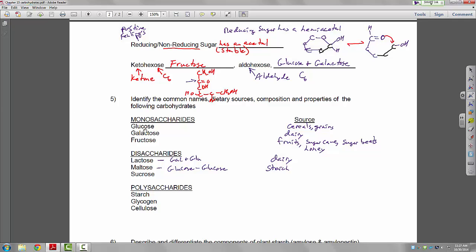So remember, glucose comes from grains and cereals. Now glucose is found in not only lactose but also sucrose. Sucrose is composed of glucose plus fructose.